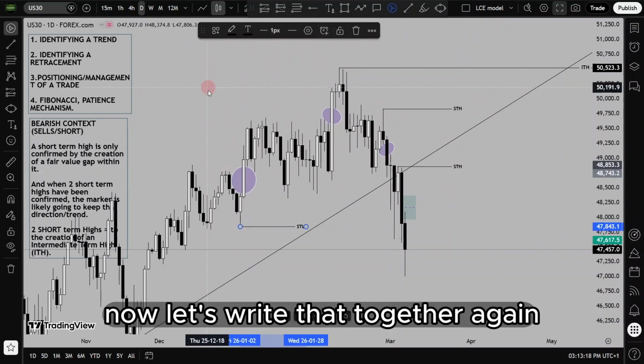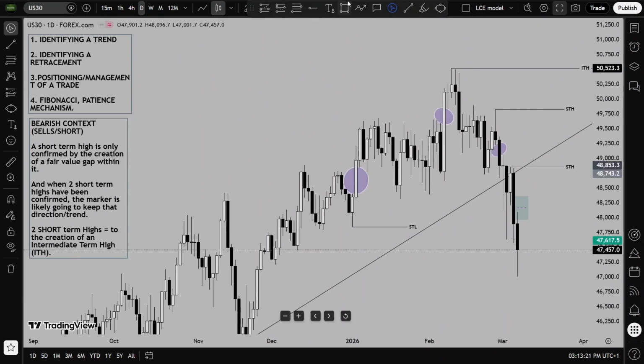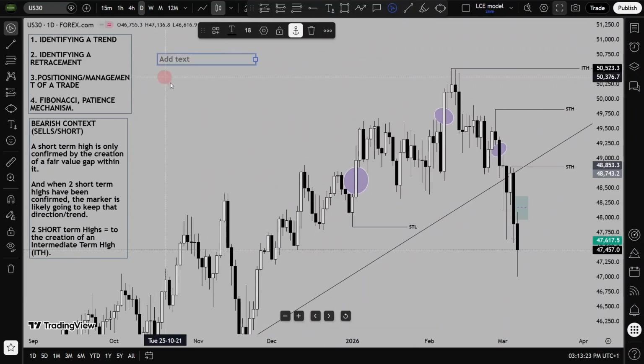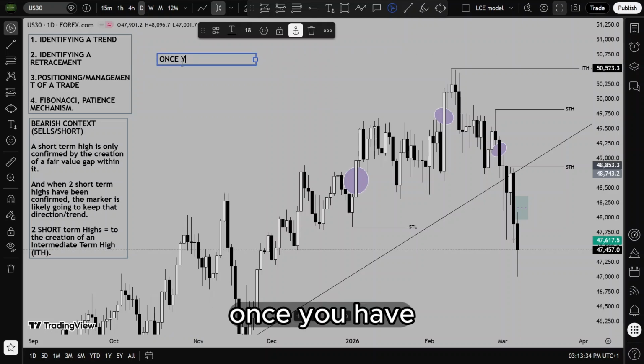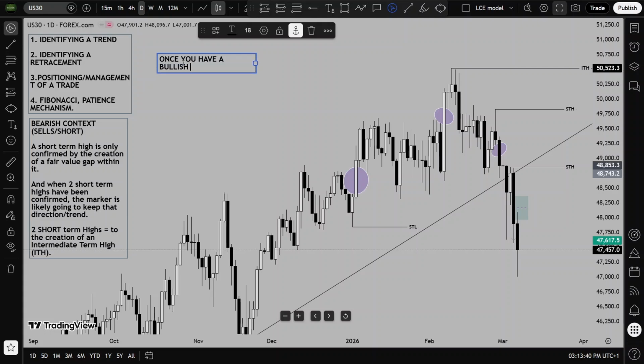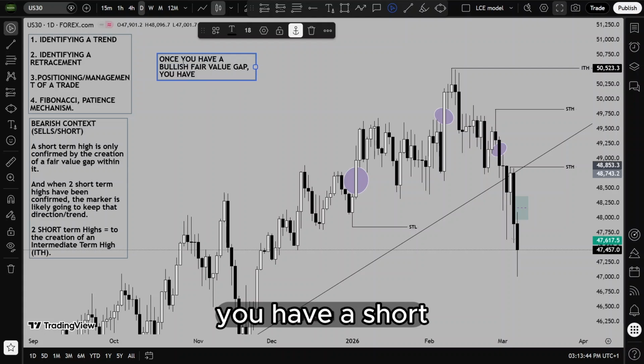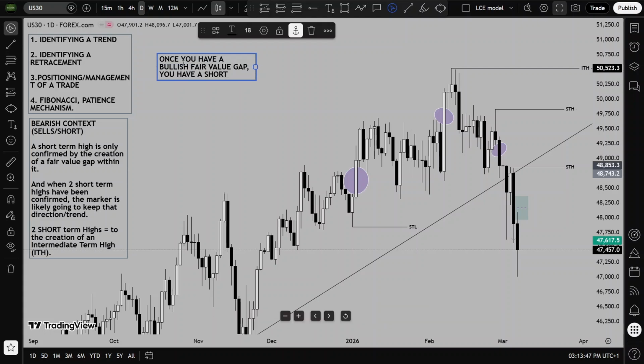Look, it's like this. Once you have a bullish fair value gap, you will have a short-term low. Now let's write that together again. Once you have a bullish fair value gap, you have a short-term low.